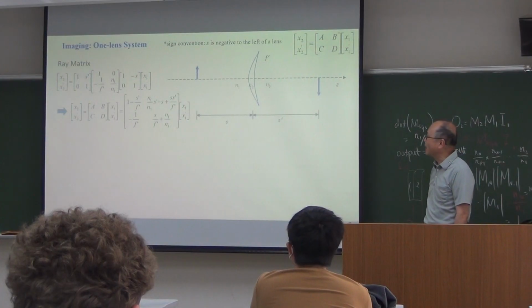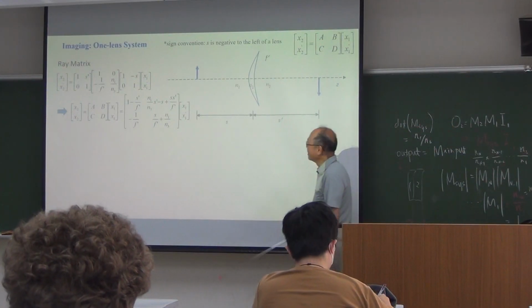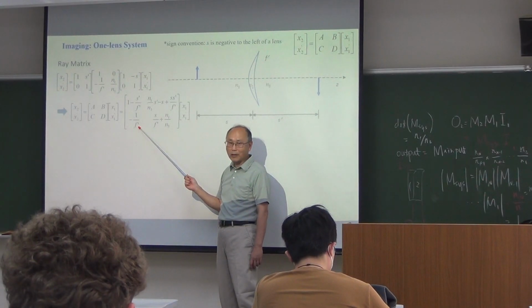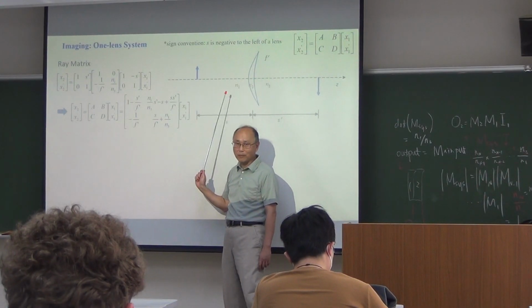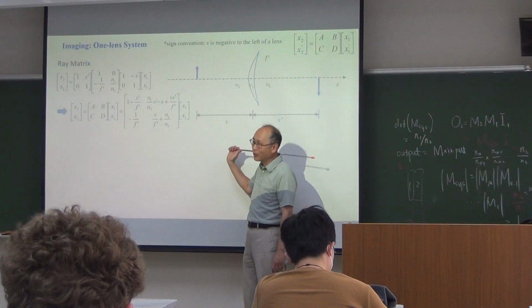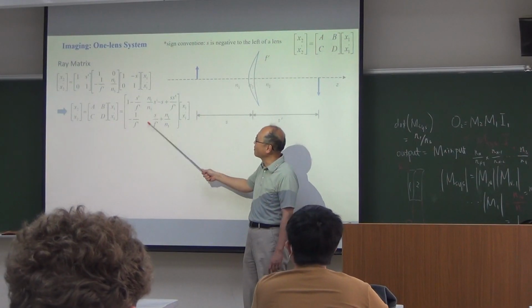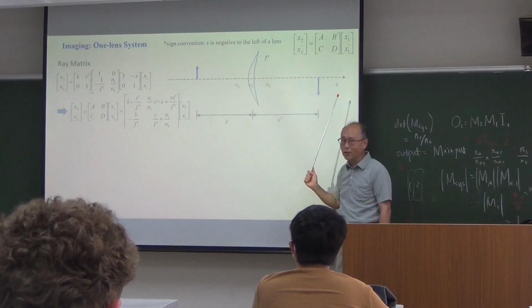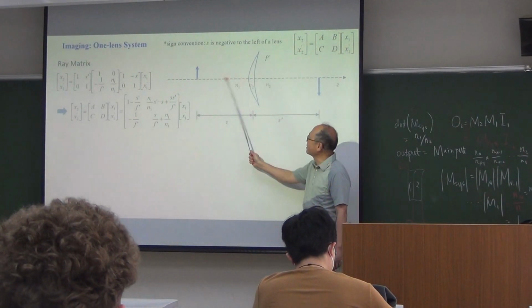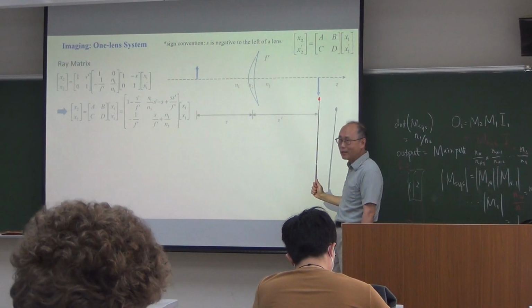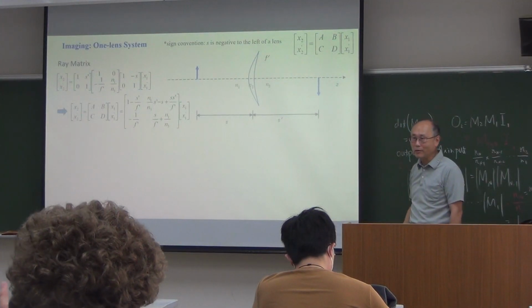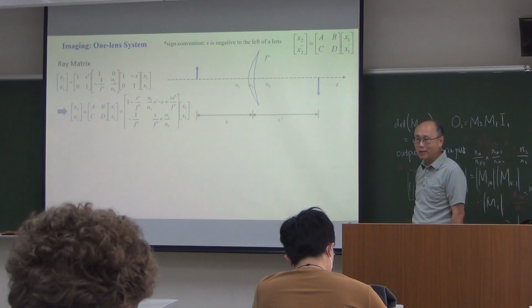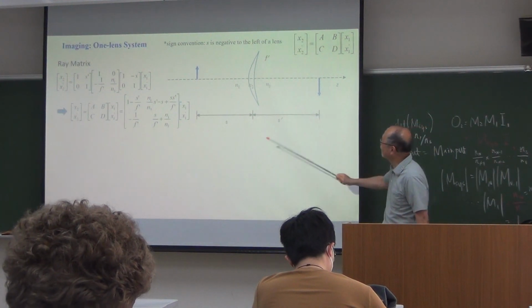But in reality, this focal length can be negative, can be any value. After you finish the calculation, you put real numbers into this system. If you know the specification of the lens and the distance of the object, then you can calculate and understand how this image is formed, either here or here.